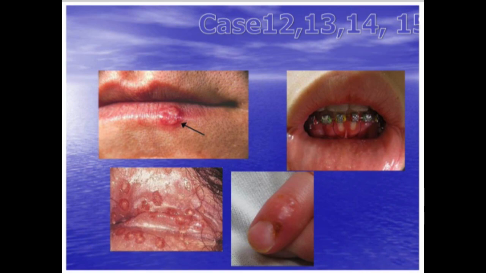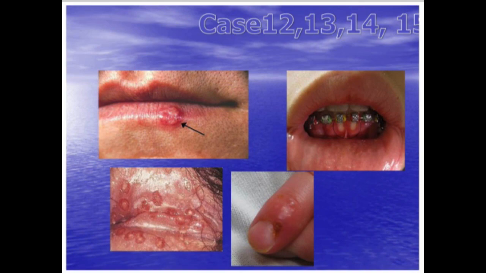Later in life, when he grows, he can reactivate with a lesion in the lips or in the nose. The case at the bottom is a genital HSV, and the other case is herpetic whitlow. Those are your presentations for herpes 1 and 2.